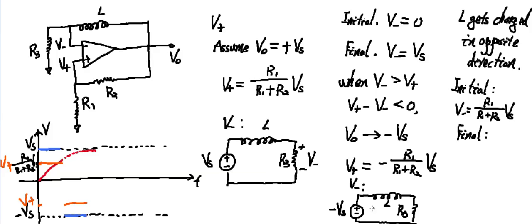The final state is when this circuit is fully charged up, so there is no more variation in the current. So all the voltage is distributed across R3. So now the final state for V minus is simply minus Vs. Again, we can write out the expression for the time dependence of V minus, but here we will only show it graphically. So it should follow this curve.